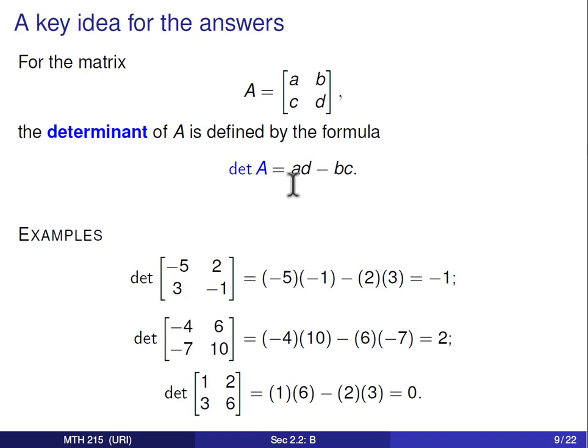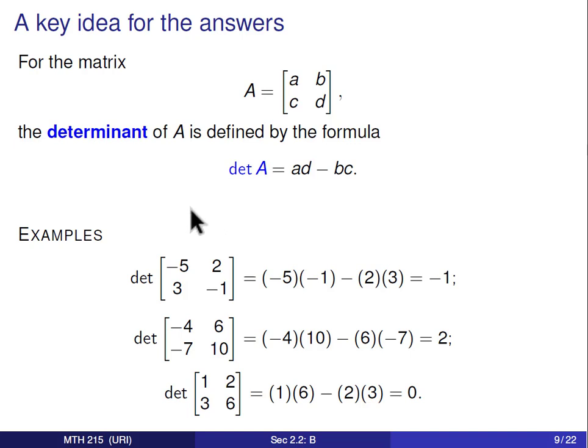This formula says we're going to multiply together entries and subtract, and we're going to do it in a crisscross pattern. a times d takes us down the main diagonal, minus b times c takes us on this backwards diagonal. Whatever number that is, we're going to call that the determinant, and we're going to abbreviate it by det of our matrix.